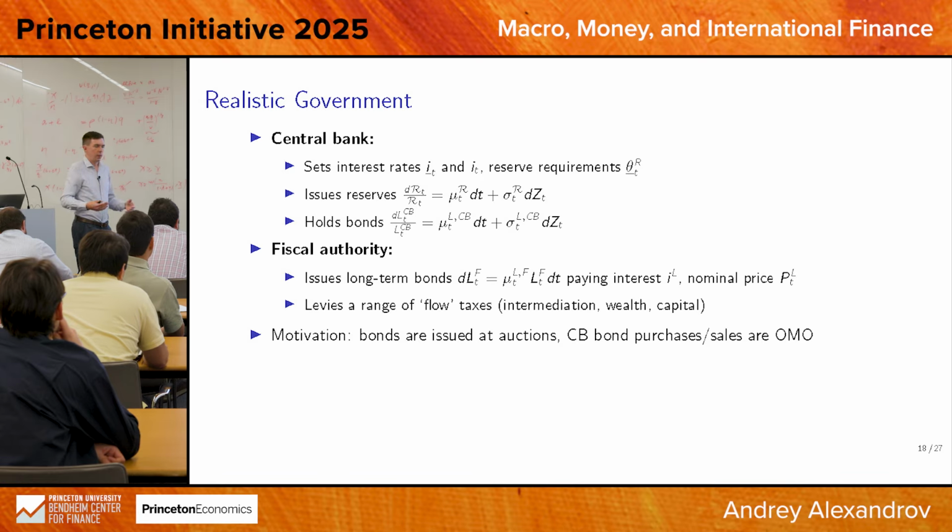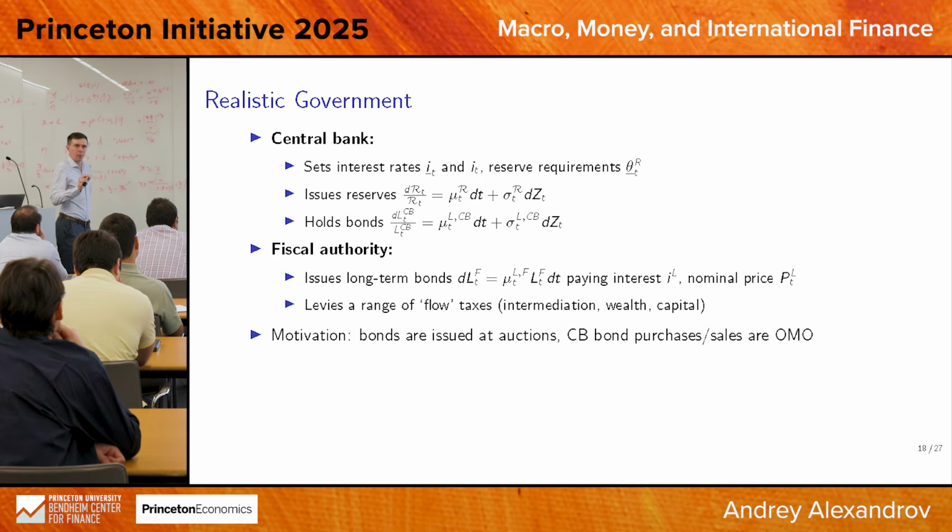You have to announce the amount that you're issuing, the type of bonds. You're way less flexible than the central bank that can just do open market operations and buy or sell long-term bonds. This is captured by allowing the volatility loading for the central bank, but not for the fiscal authority. That's basically one of the key assumptions of this setup.